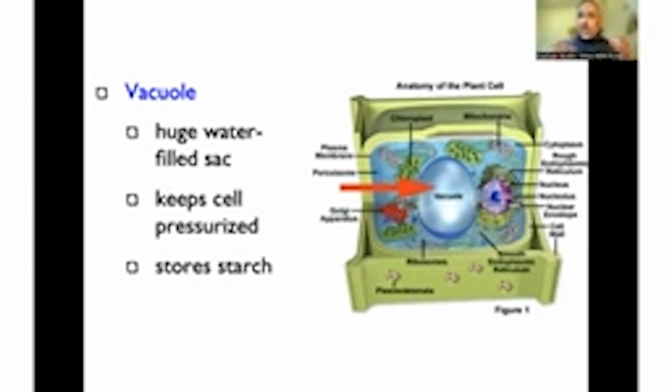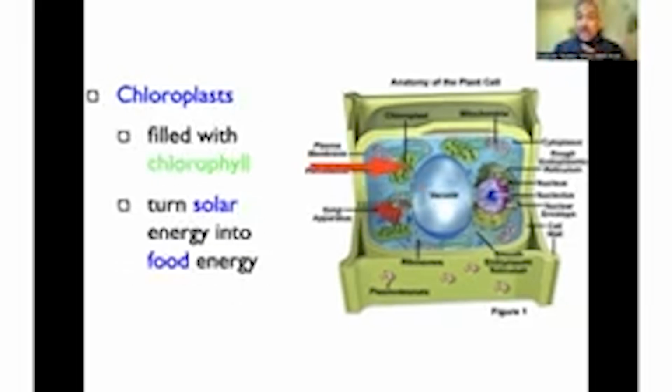Plant cells also have this big vacuole which stores water and starch as well, and plays an important role in keeping the cell pressurized, which is again a big distinction between animal cells and plant cells. And they also carry chloroplasts, right, which are distinctly different from the mitochondria, but functionally may be similar in what they do for the cell.